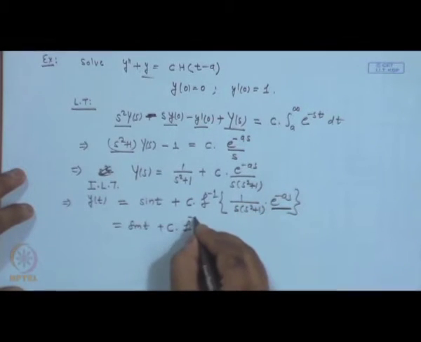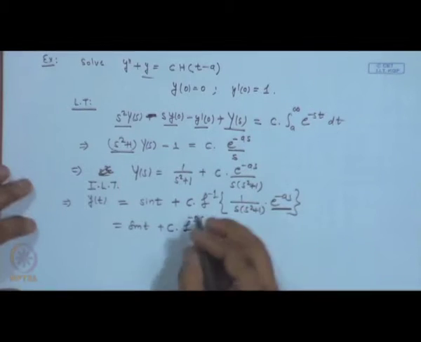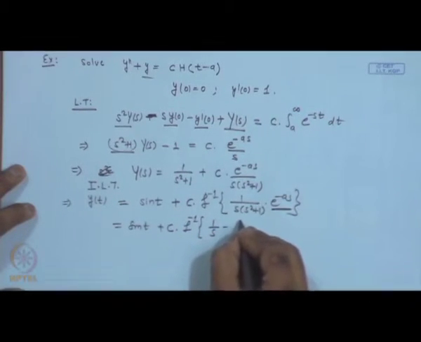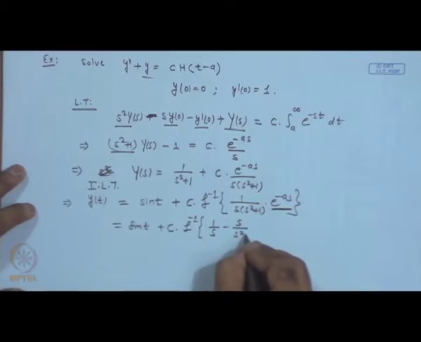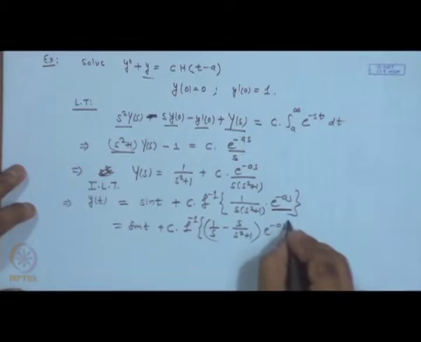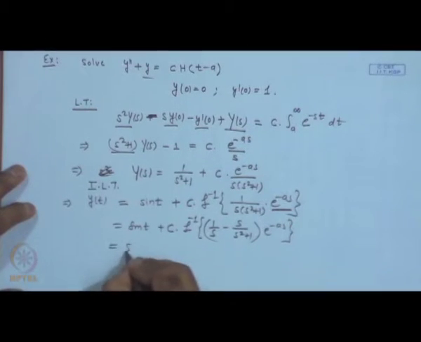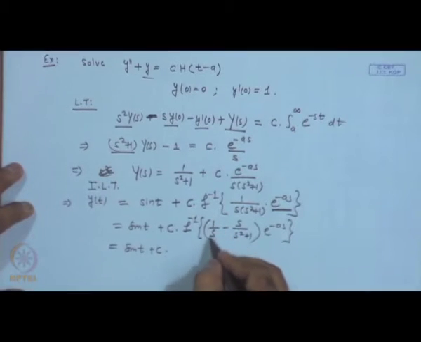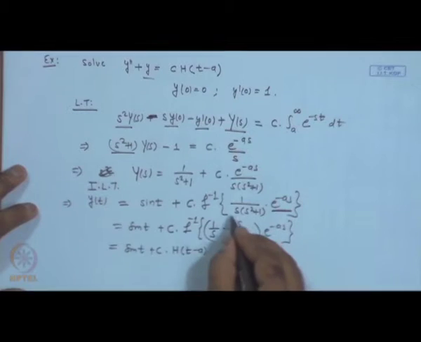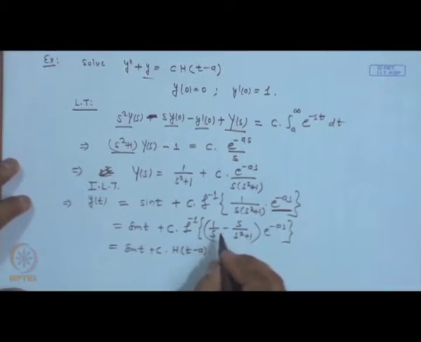For that we first need to get the partial fractions of this. So, 1 over s minus s over s square plus 1, and we have e power minus a s. So, sin t plus c, and this is the shift theorem we will be using here. So, the Heaviside function of t minus a will come, and the Laplace inverse of this with t minus a instead of t.